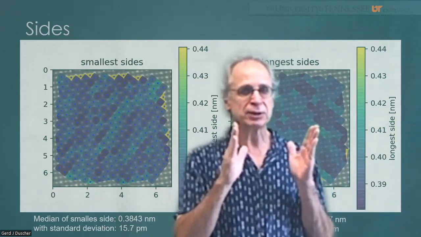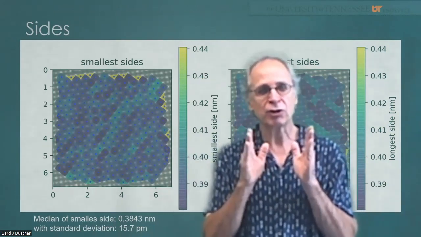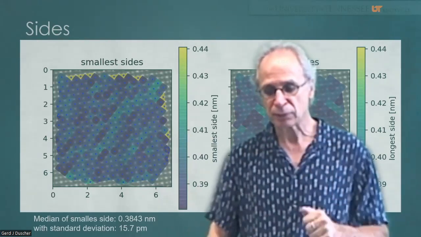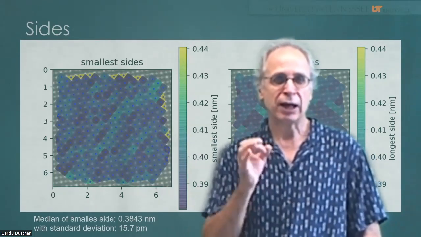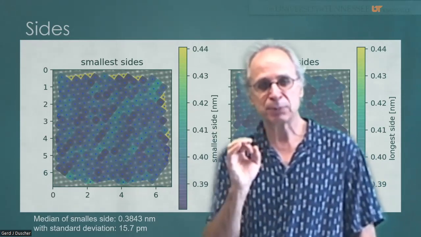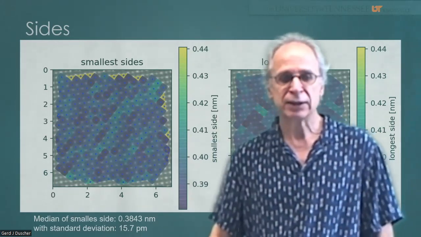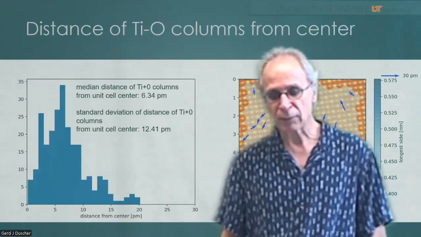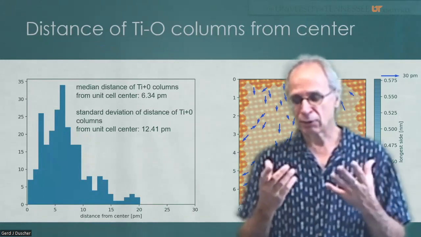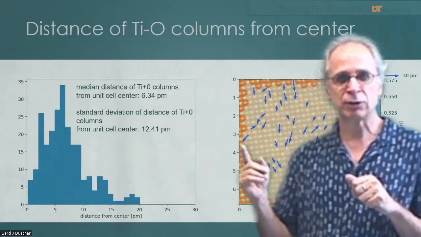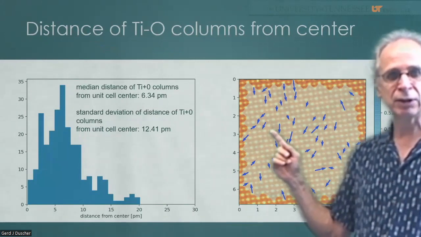So this is not the atom position. This is the unit cell determination, right? So our accuracy for a single unit cell lattice parameter is on the order of 1 pixel. And since we have strontium titanate, and we did that only on the strontium columns, we have the titanium oxygen columns.